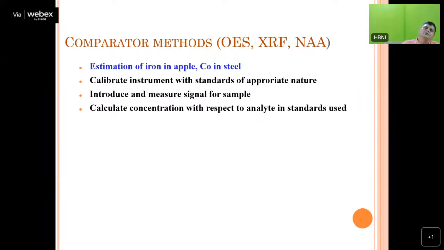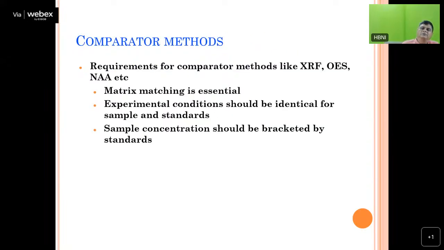Similarly, if you are doing a measurement in water samples, then a similar matrix matching standard should be there. The comparator methods are like XRF, OES, that is X-ray fluorescence, optical emission spectroscopy, or neutron activation analysis. So matrix matching is essential. Experimental conditions should be identical for sample and standard, and the sample concentration should be bracketed by the standard.